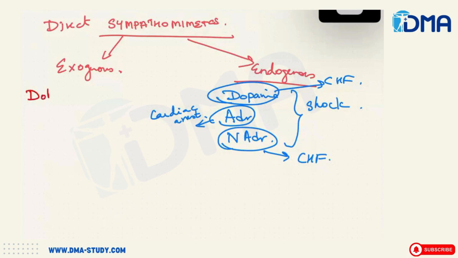Dobutamine. Dobutamine is an agent mainly used for increasing the cardiac pumping effect in congestive cardiac failure. Then phenoldopam. Phenoldopam is used in the treatment of hypertensive urgencies.